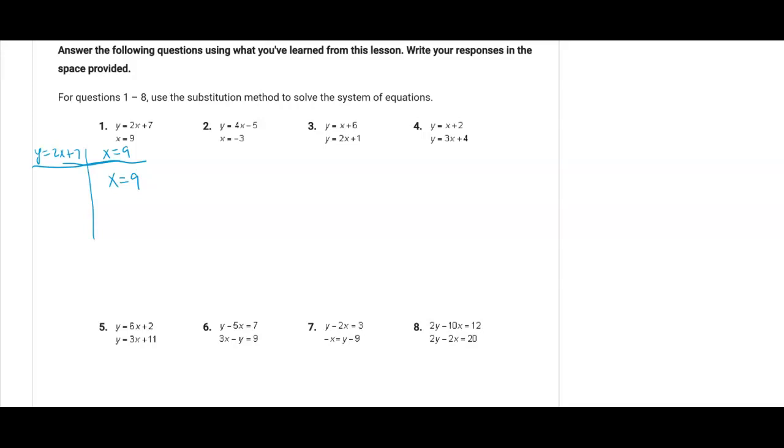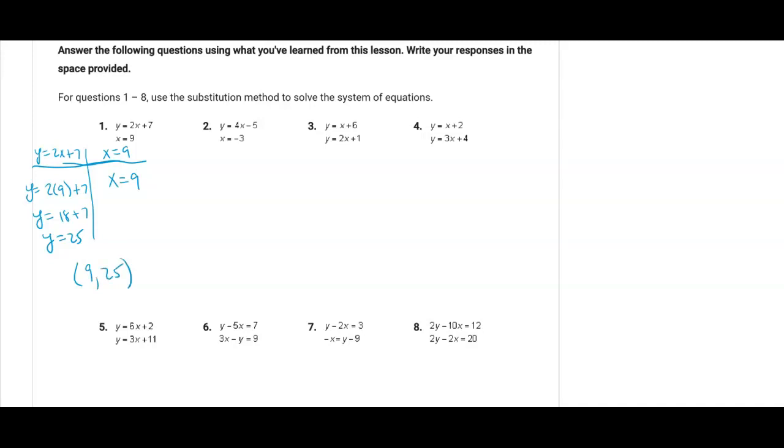If I know that value, all I do is I come back over here, and everywhere I see an x, I replace it with a 9, and find my y value. 2 times 9 is 18, plus 7, y is 25. So my ordered pair solution for number 1, x is 9, y is 25.